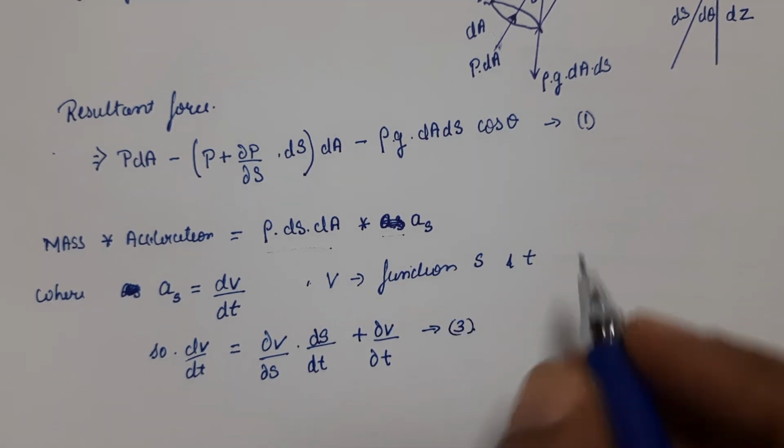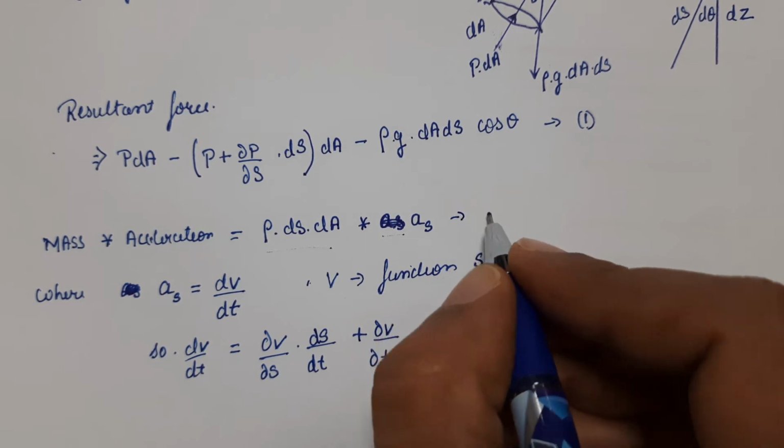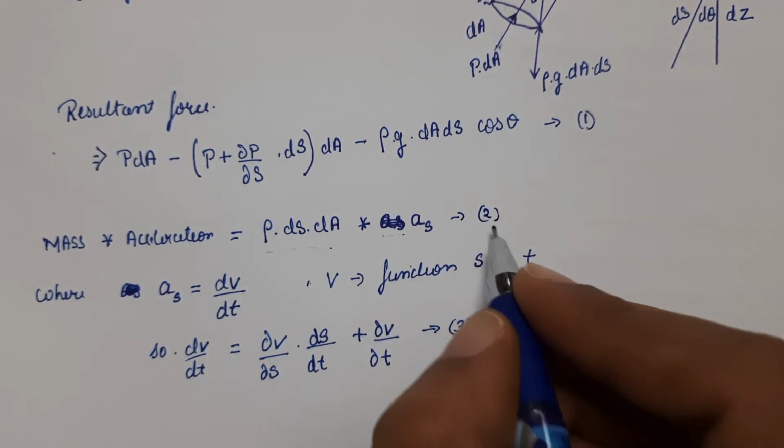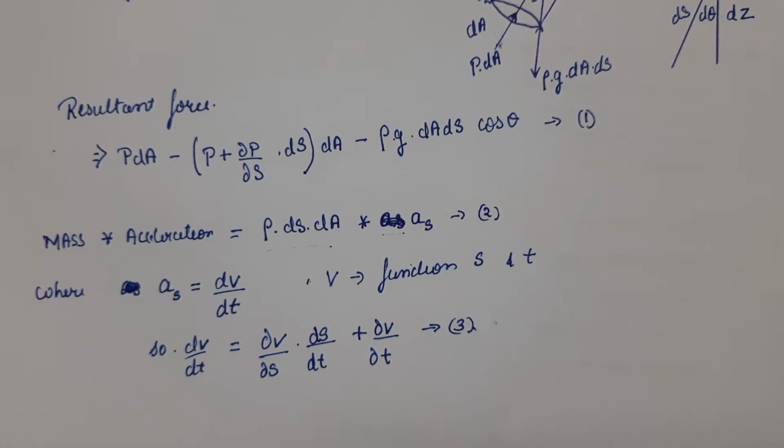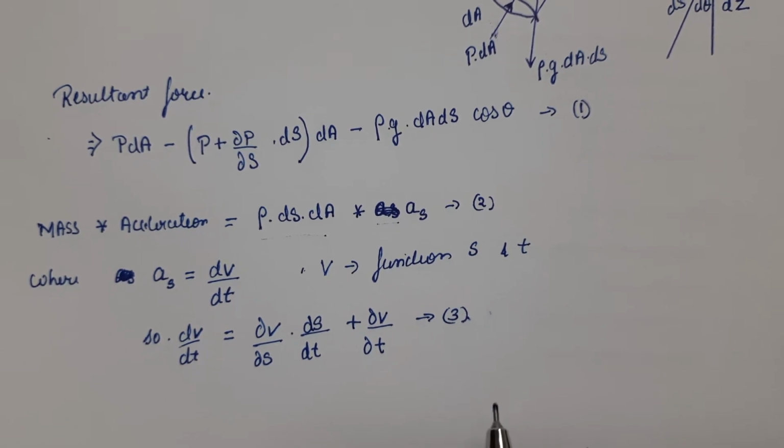The first is the force equation, the second is mass into acceleration, and this is equation 3. Now we know that displacement by time is nothing but velocity, so ds by dt is equal to v.